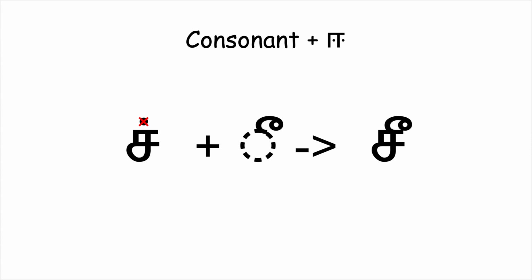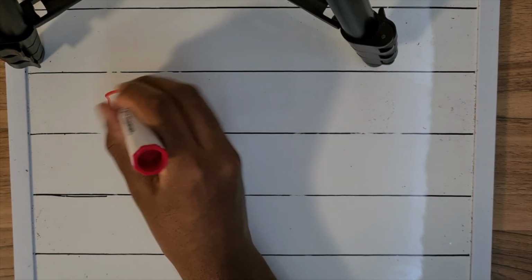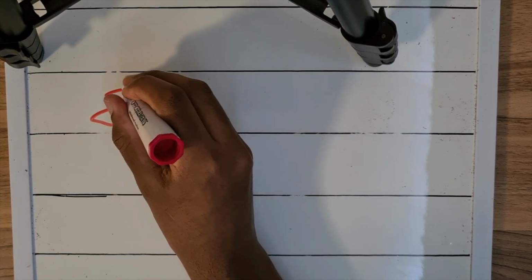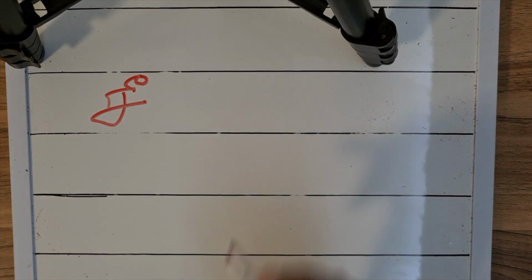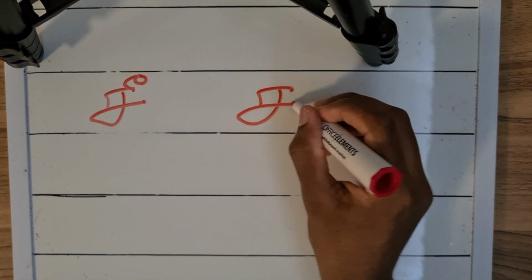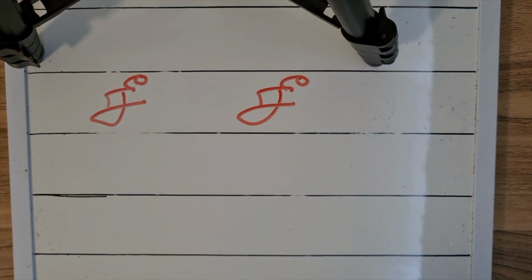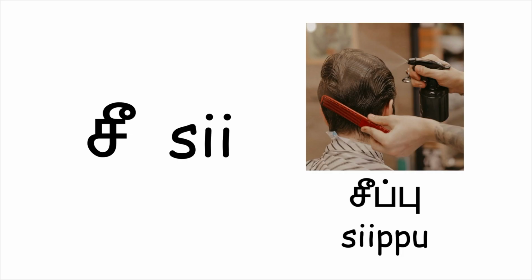Let me show you how to write c. An example word that starts with C is sipu, which means comb.